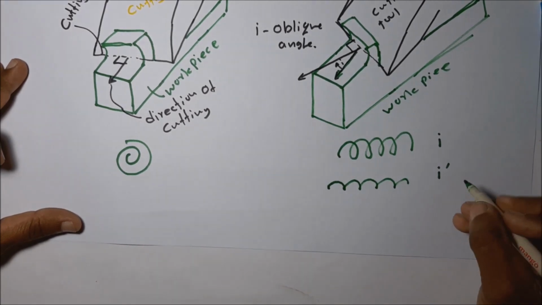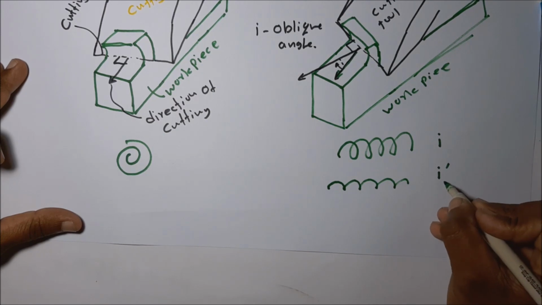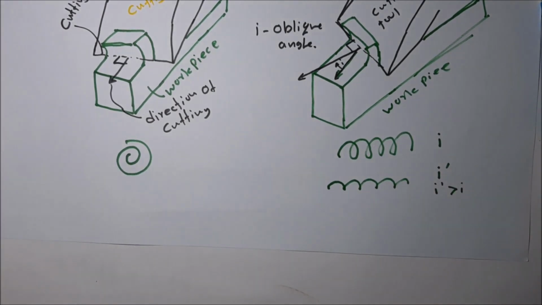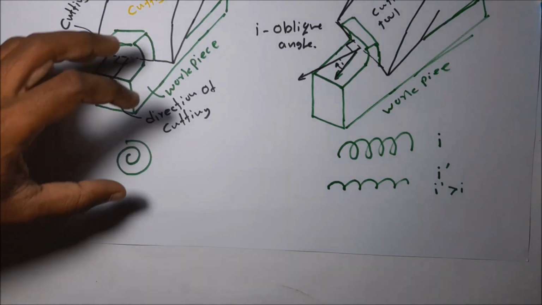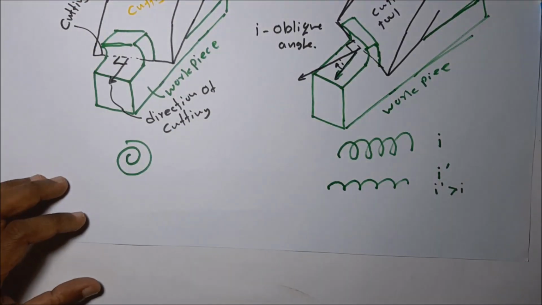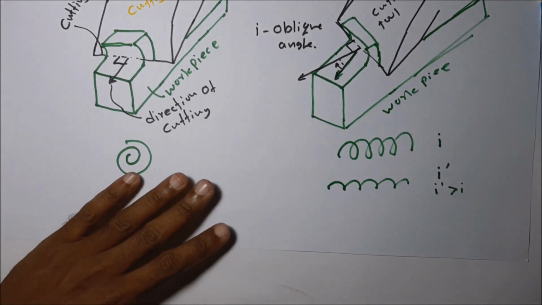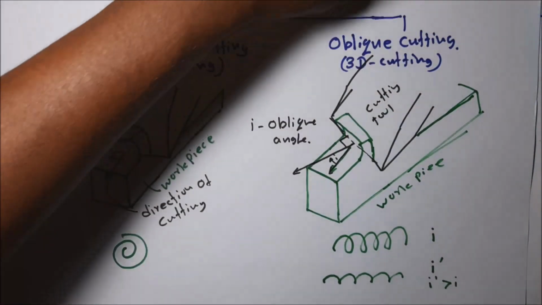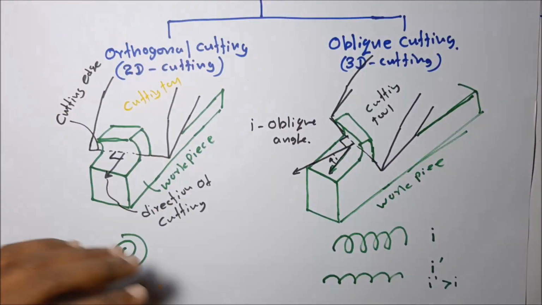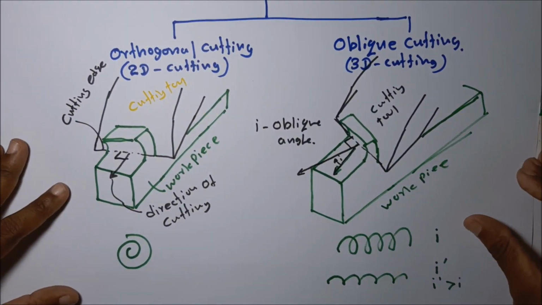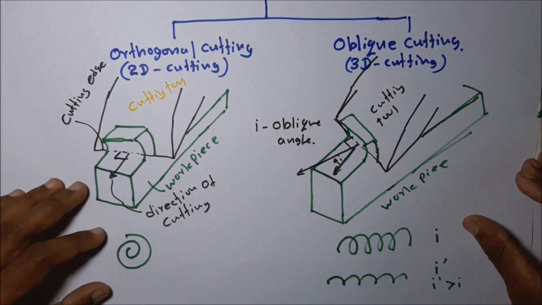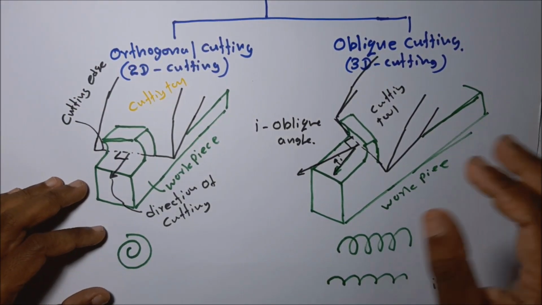This pitch value increases for i dash greater than i. Then any metal cutting operation we can categorize under these two, oblique cutting and orthogonal cutting operation. Both are used in industry for metal cutting operations in different situations. In orthogonal metal cutting operation, you can see the properties of orthogonal metal cutting operation.